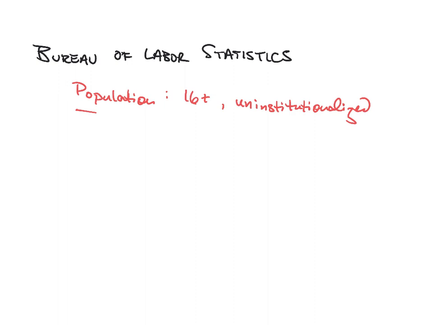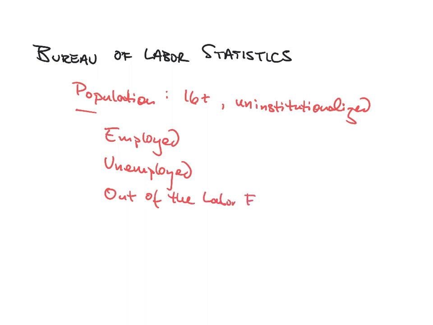And everyone gets classified into one of three groups: either employed, unemployed, or out of the labor force. Approximately the way that we're supposed to think of these is that the employed are people who can find satisfying jobs.